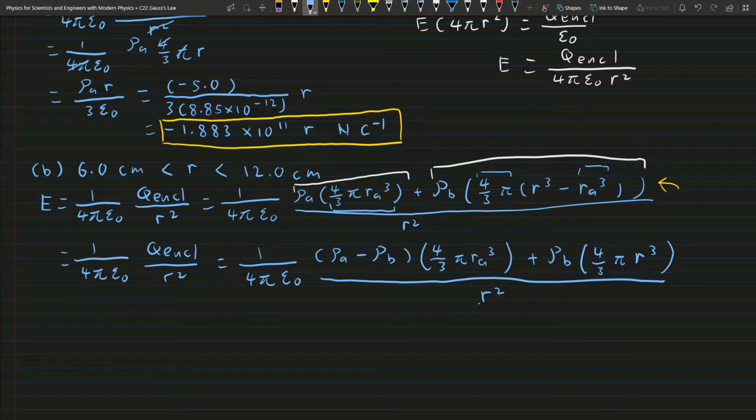And R square, so this 4 pi we can cancel out and cancel out.